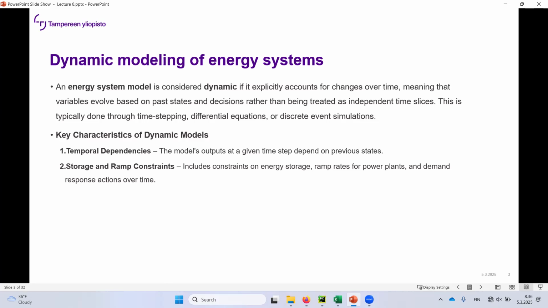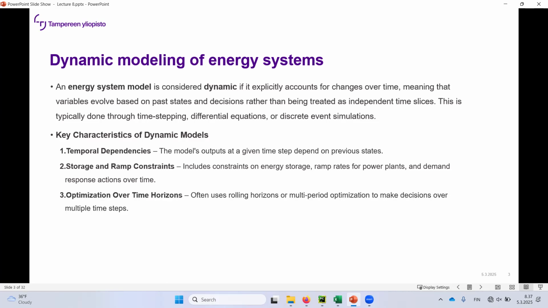That has been an area of great interest during the last decade, because there were a lot of ideas that renewable energy would be increasing, and that biomass plants especially would be the ones to adjust for those loads, along with hydro plants. So these include constraints on energy storage and ramp rates.